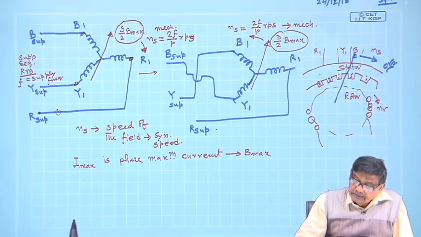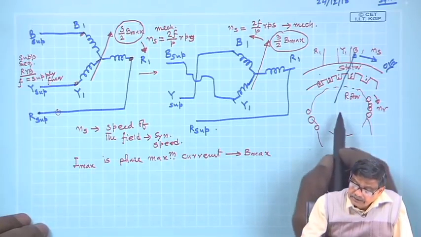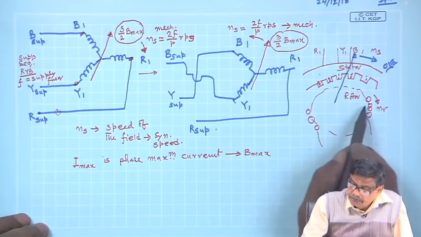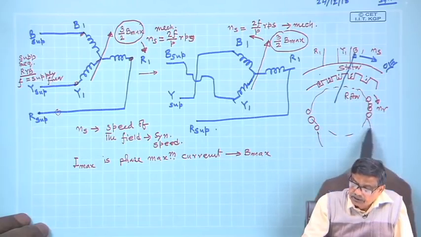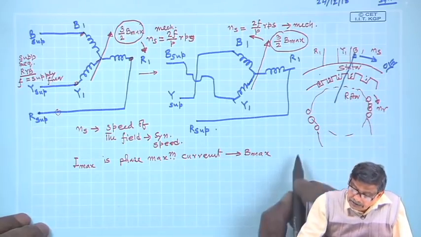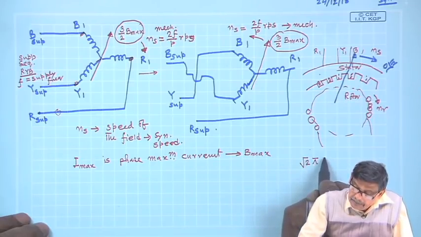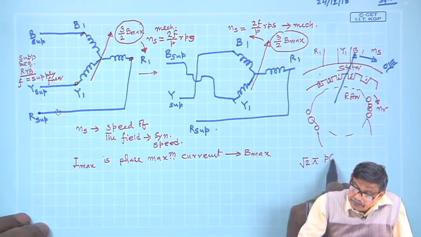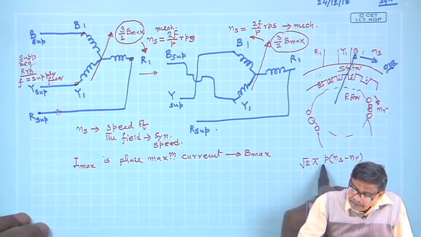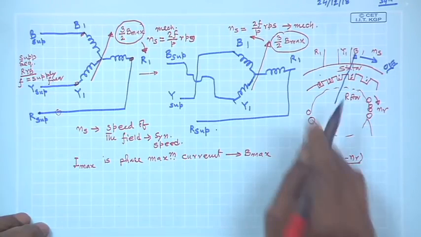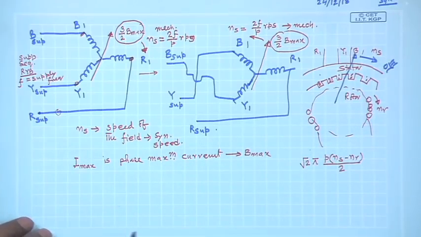In that case, there will be a voltage induced in the rotor coil. How much will be that voltage? That voltage will be root 2 pi, frequency, where the frequency will be decided by the relative speed Ns minus Nr, by 2 if it is rotating in the same direction, Nr being less than Ns.